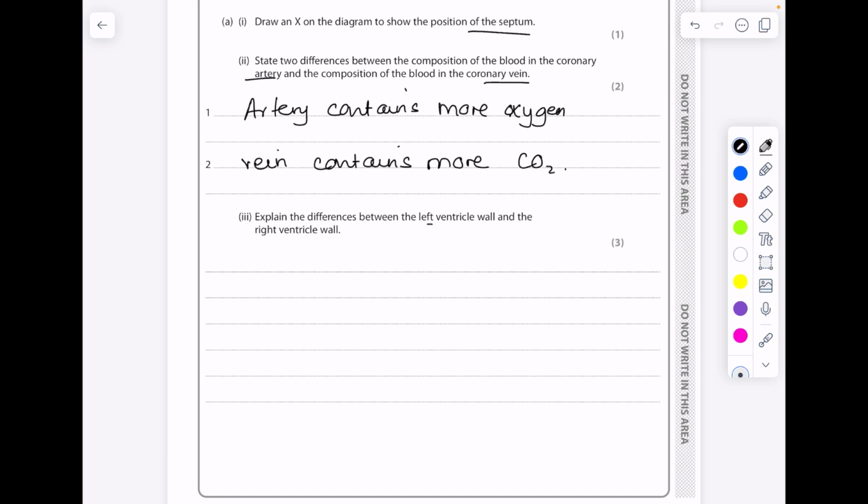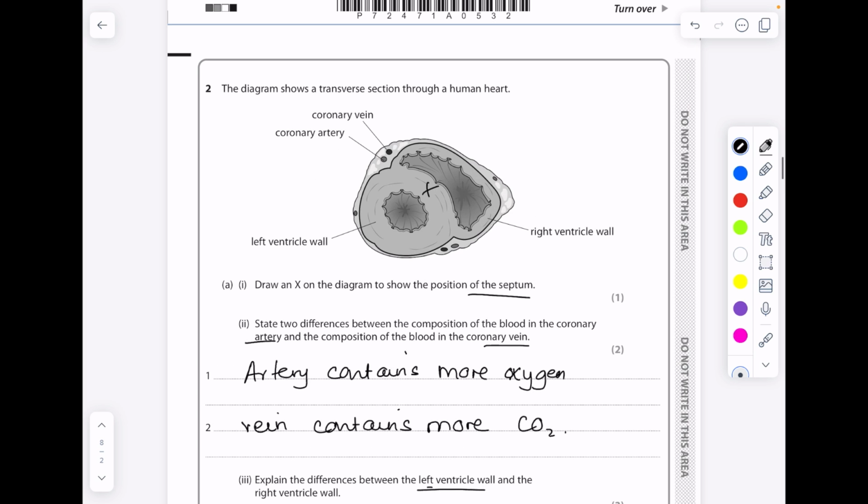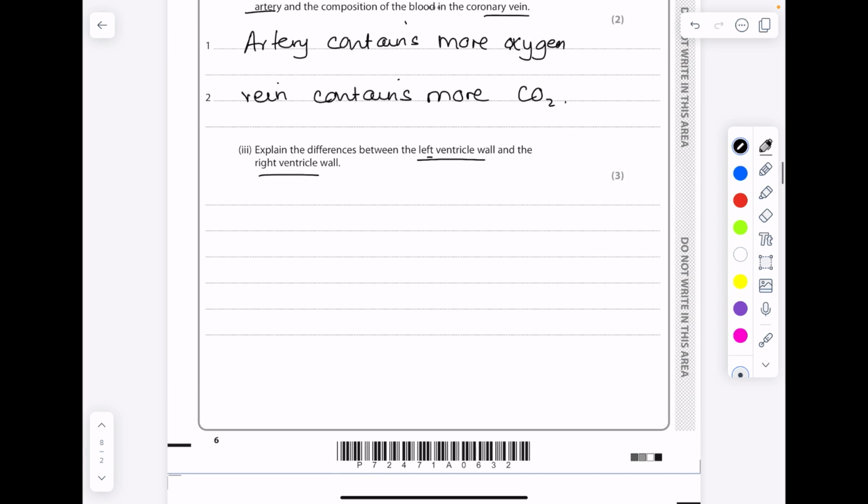Explain the differences between the left ventricle wall and the right ventricle wall. Look, it's much thicker on the left side compared with the right side. So why is that? Because it contains more muscle.